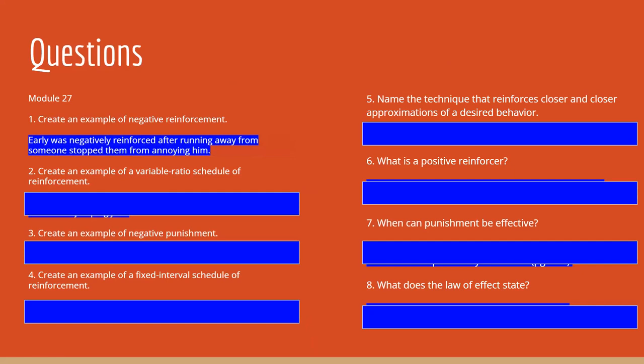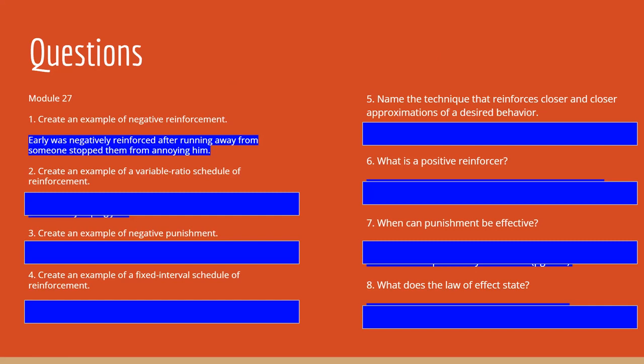Sorry, I think I was reading that wrong. The grammar isn't correct, but I think what it's trying to say is that after running away from someone, it stopped someone from annoying him. So that is negatively reinforcing because he did something to stop it, and it strengthened the behavior since he figured out that stops it.